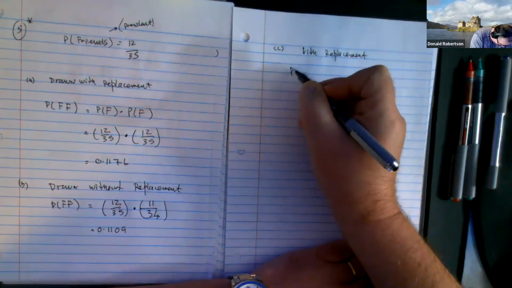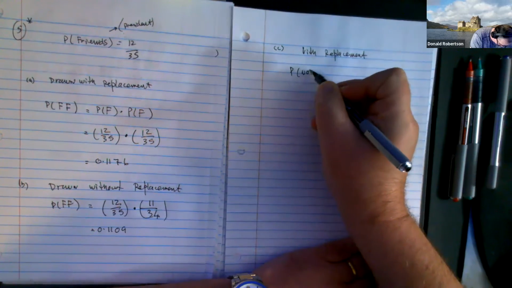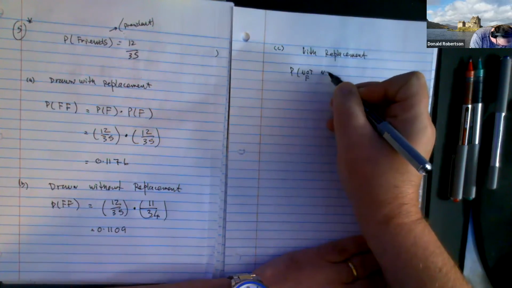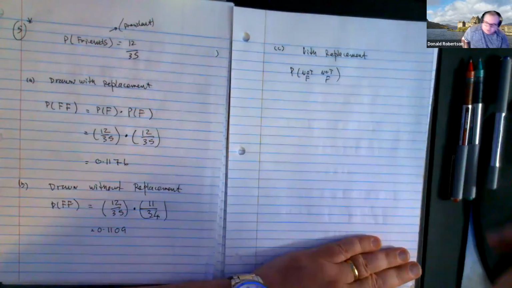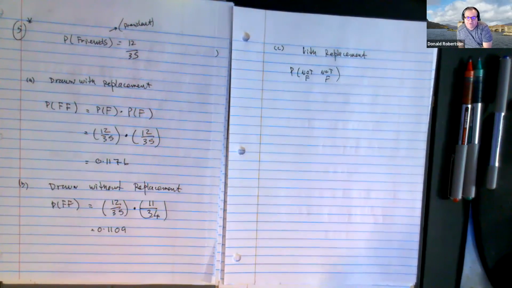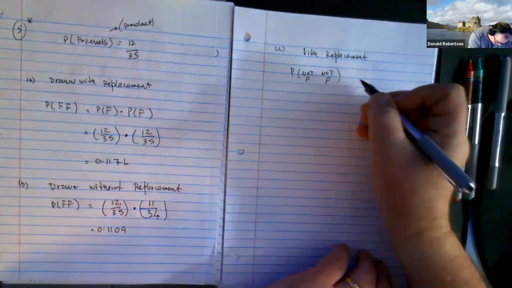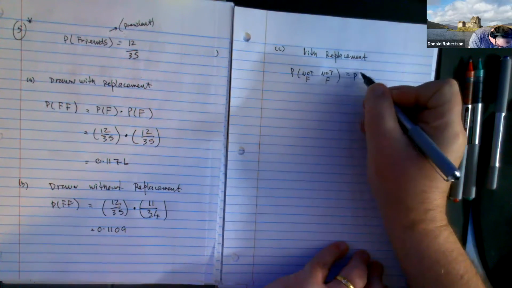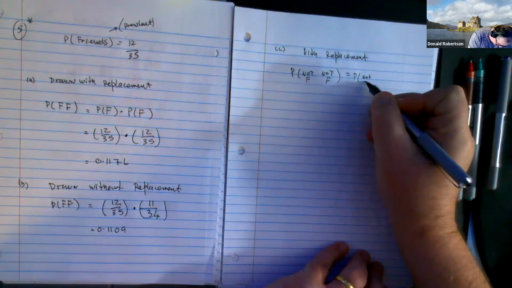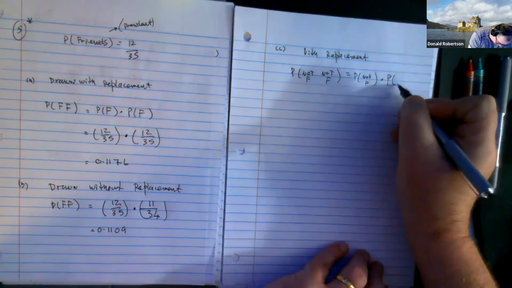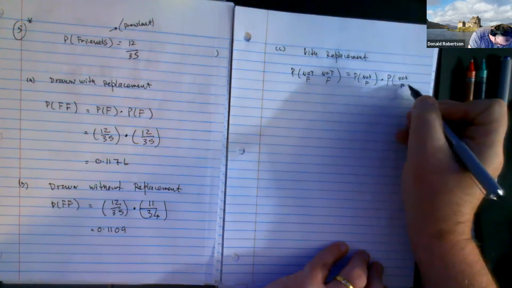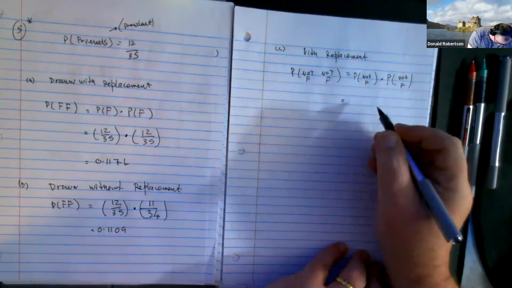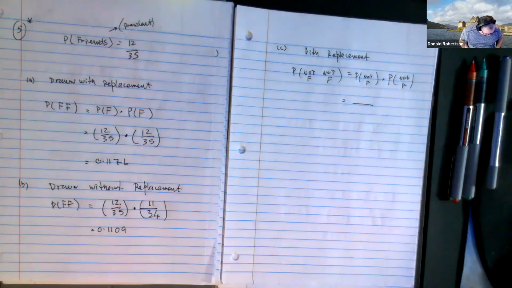And they want to know what's the probability that it's not a friend and not a friend. So somebody who's not a friend of the president and the next one is. Now, since it's with replacement, you can calculate it doing this, right?